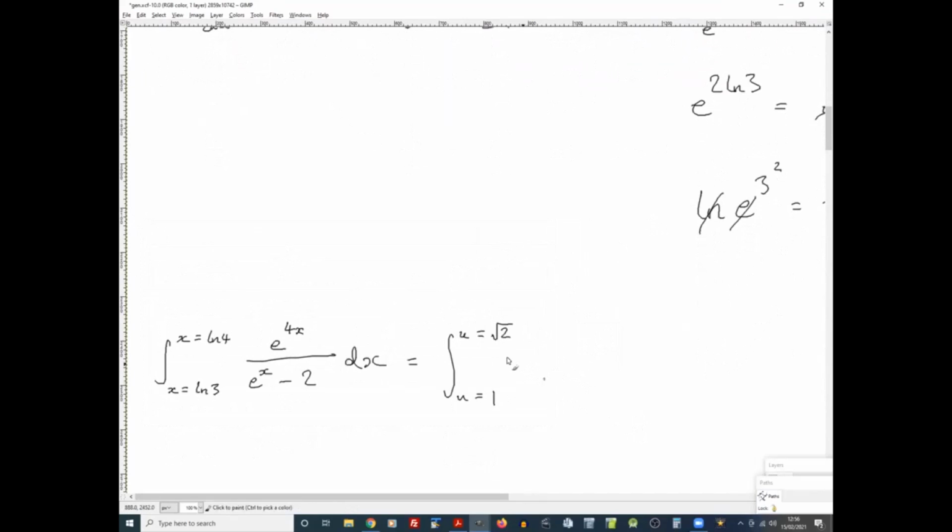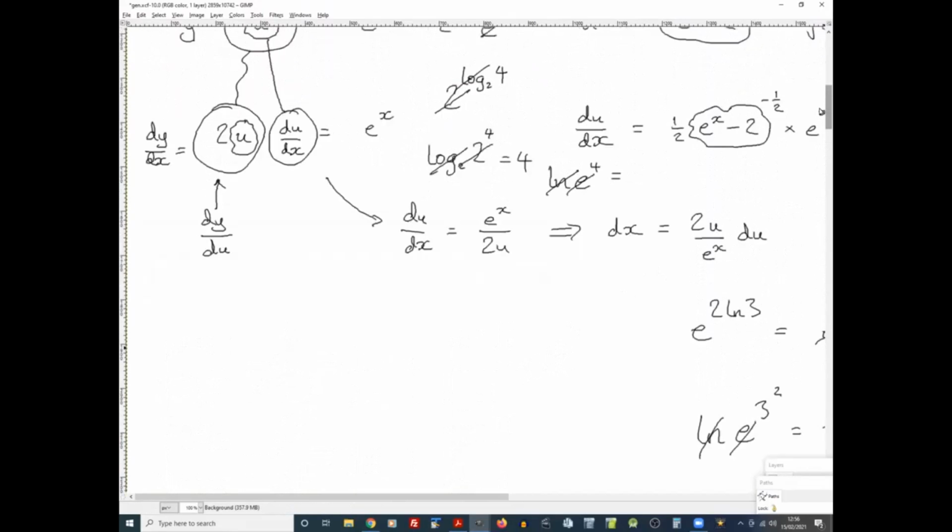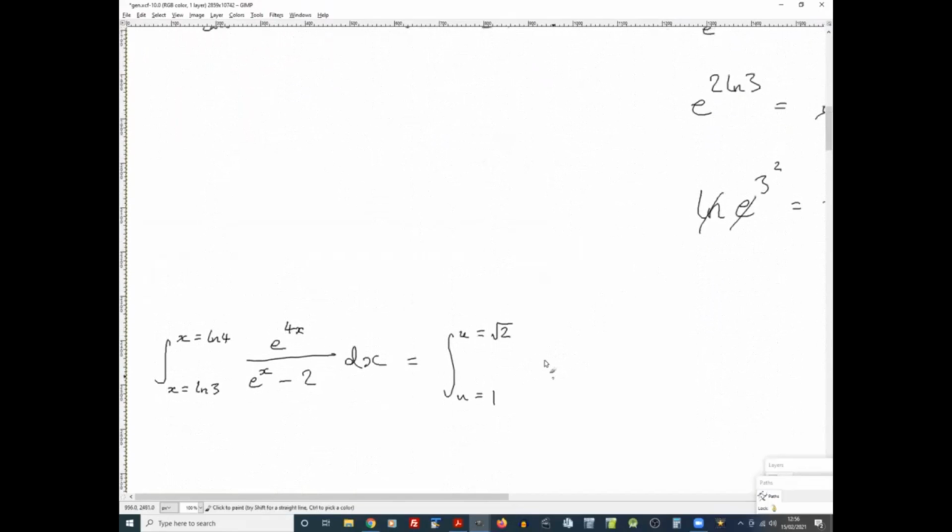Right. Hang on a sec. You're saying what we've got here. Oh, what we've got here is e to the 4x going to be what? Or shall we leave it as e to the 4x for a moment and deal with it in a while?